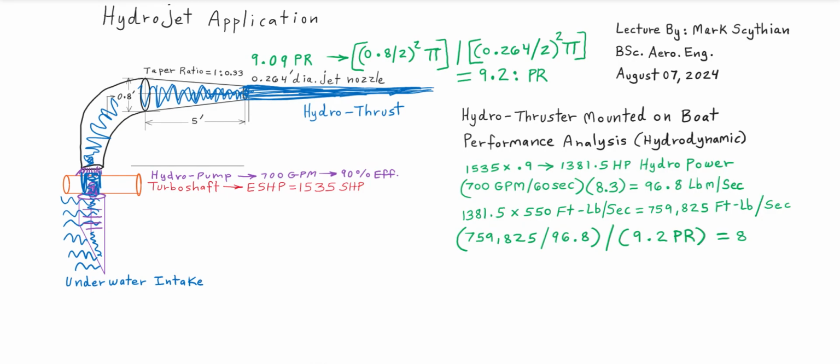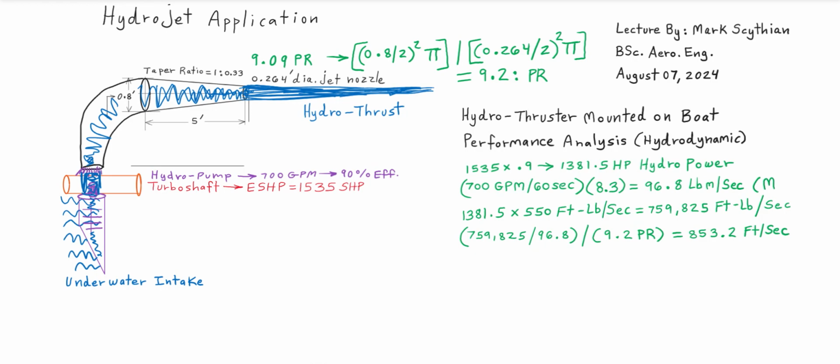pressure ratio. So this then scales down to an output discharge velocity of 853.2 feet per second of the water mass flow out of the jet nozzle. So that's based on the conservation of energy. We can't create or destroy energy.